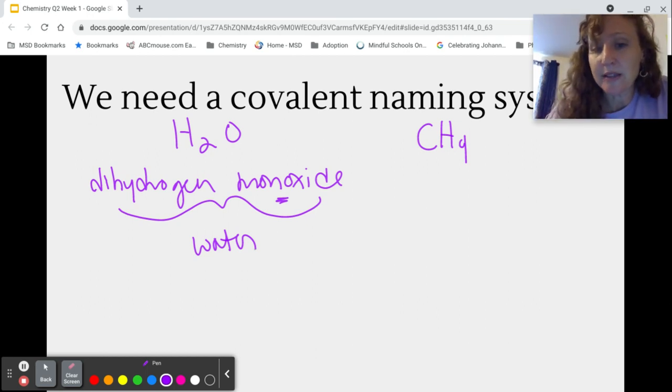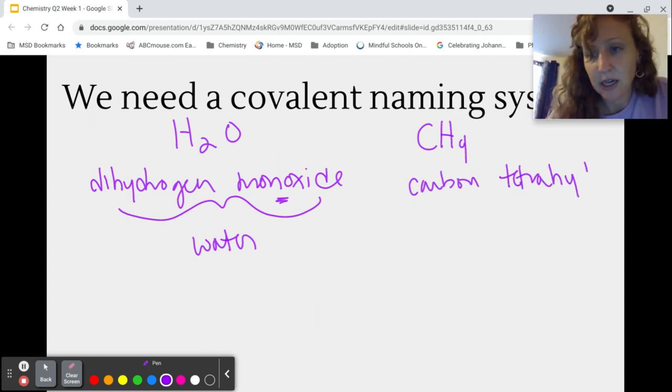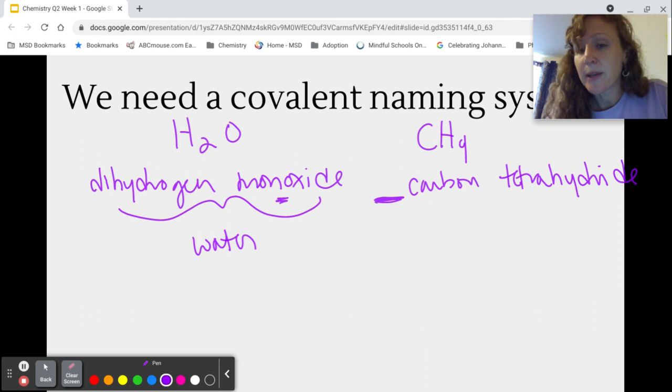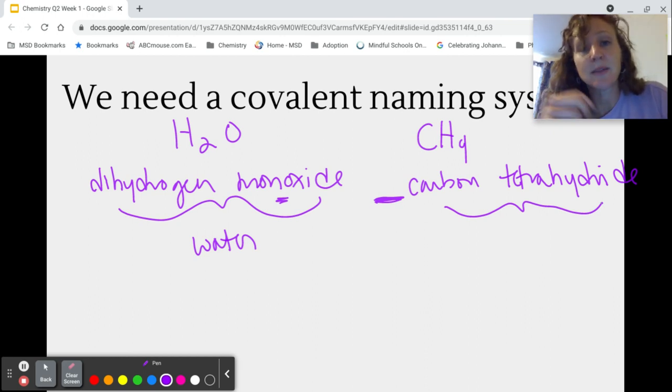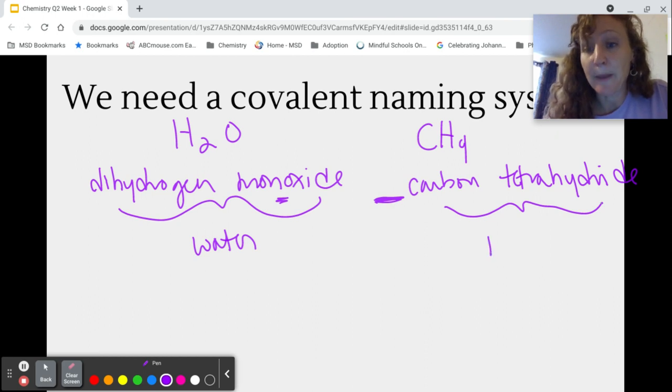What's this other one? This other one would be carbon tetrahydride. So notice we dropped the mono. It's not monocarbon. It's just carbon tetrahydride. Again, you might know of a name from another naming system for this molecule. If you saw CH4, you would call that methane.